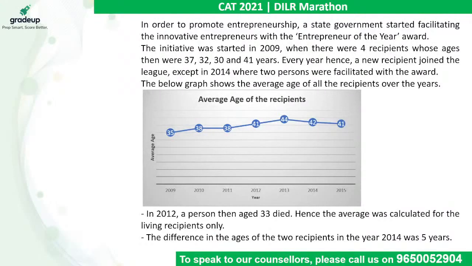Okay, so first try to understand this graph. ठीक है, थोड़ा सा समझो and then tell me what is happening in this. So it is talking that some people are given an award. ठीक है, this gives the average age of the recipients. So if a new recipient is added, they will continue to add that recipient to the list. ठीक है, मतलब जितनों को मिलते जाएगा award, that will be added.